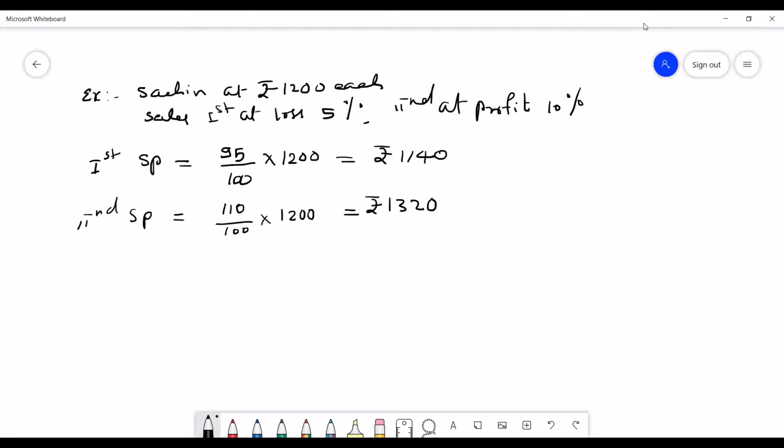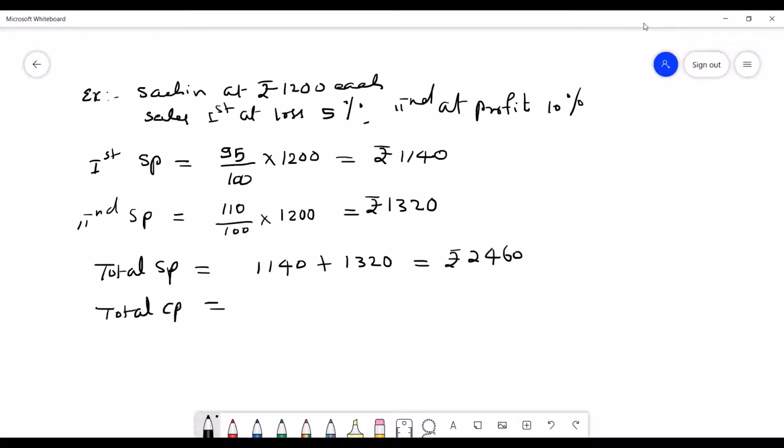So the total earning, otherwise total selling price, here it is 1,140 plus 1,320. So we are getting rupees 2,460.